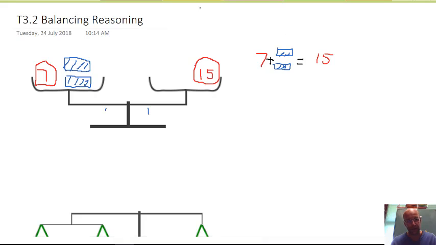How do we work out the mass of the unknown blue rectangles? Well, let's have a look.